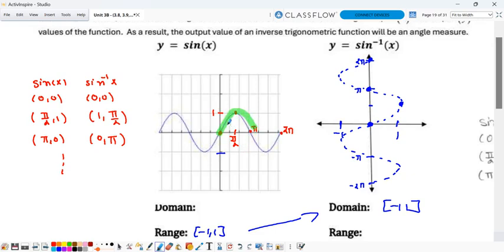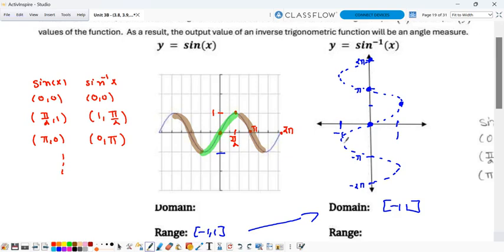For example, I can't choose this because it's not 1 to 1. It won't pass the vertical line test. So which is the good portion we can use? Can I use this piece? Can I use this piece? Can I use that one? Which piece of the graph we have to choose, in other mathematical words, is to restrict the domain so that it passes the 1 to 1 test.